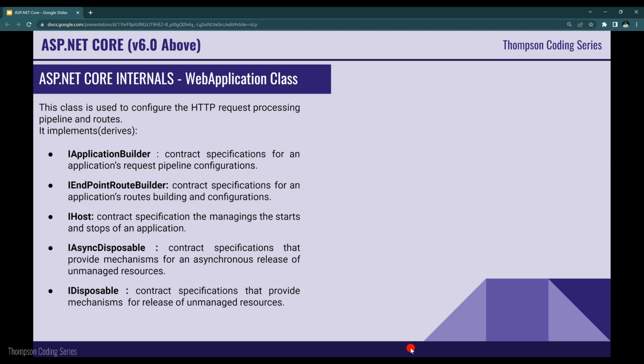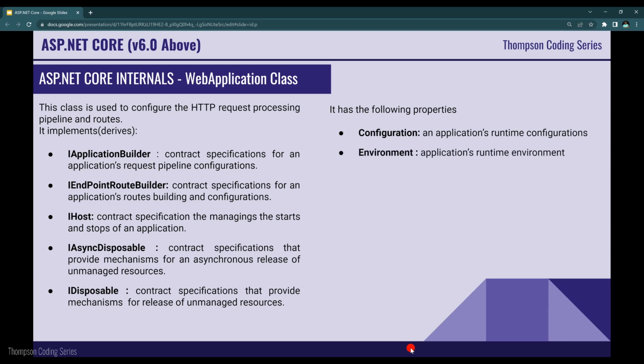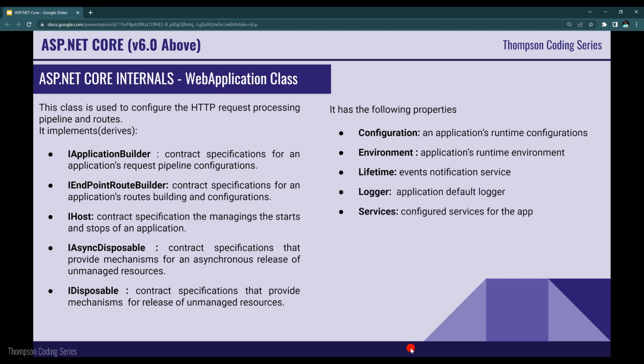IDisposable is a synchronous way of releasing unmanaged resources. And it has the following properties, which are very vital: Configuration, the application's runtime configurations; Environment, the application's runtime environment; Lifetime, event notification services; Logger, the application's default logger; Services, the configured services for the application; and URLs, a list of URLs that the HTTP server is bound to.